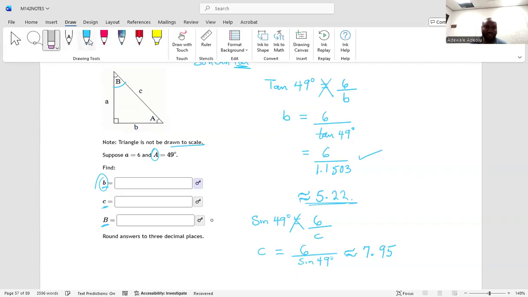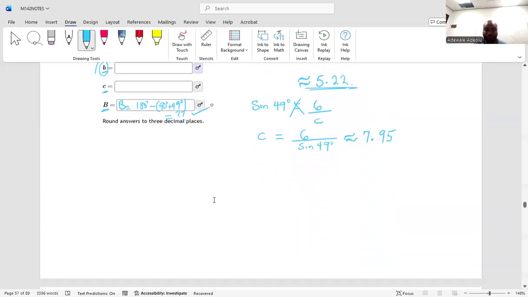We were given here to be 49 degrees. We know here is 90, so we can just find B. So our B is 180 degrees, because the sum will be that, minus 90 degrees plus 49 degrees. So whatever that is, is our B.